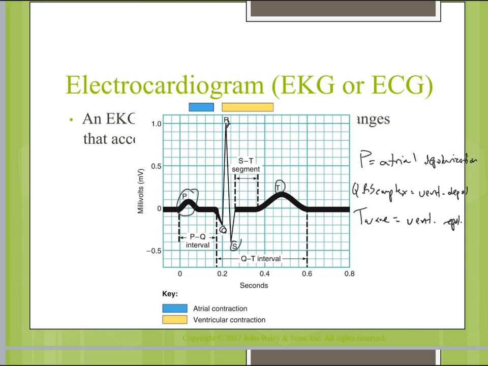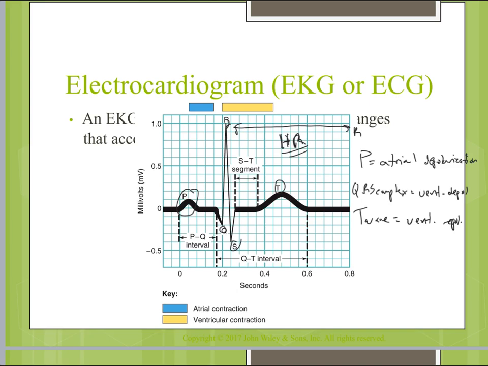So we look at a subsequent PQRST wave, another complex, and we can measure from R to R. So let's assume that we have another R over here, and this R to R equals heart rate, okay? Now there's a quick and dirty way to calculate heart rate by looking at an EKG.